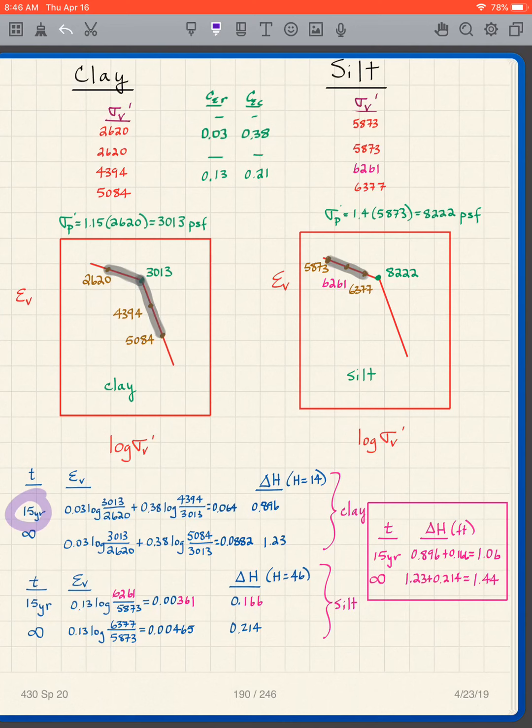At 15 years and infinity, we get these numbers. We have to add the clay and the silt numbers to get the finals.